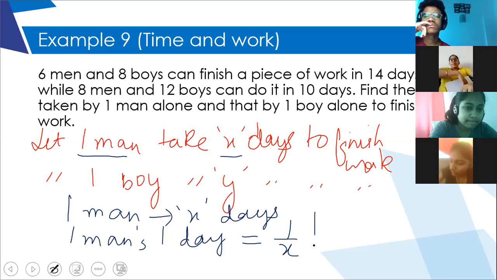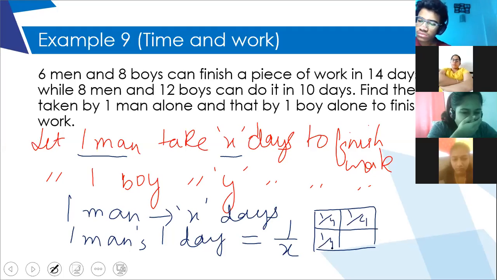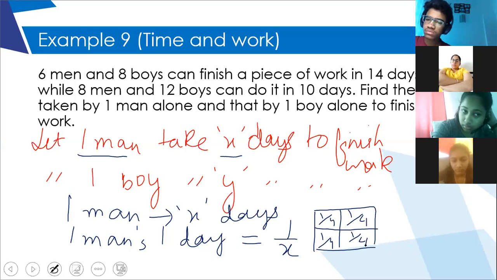Suppose I took the example of painting a wall. Remember, I told you that if there is a wall and I am taking 4 days to finish painting the wall, then in one day, how much work have I done? I have just painted 1/4 of the wall. Second day again 1/4, third day again 1/4, and fourth day again 1/4. When you add up, it becomes 4/4, which is one complete work, or the complete painting is done. So if in total I am taking 4 days, then in one day it will be 1/4.